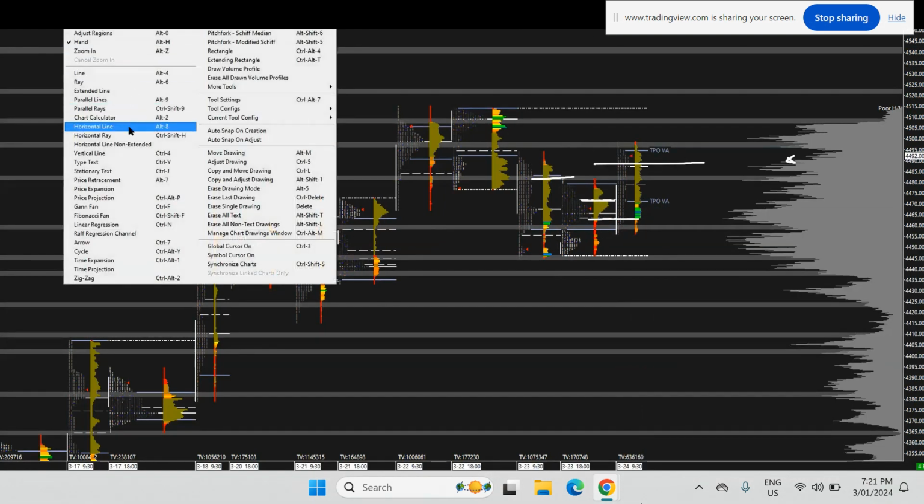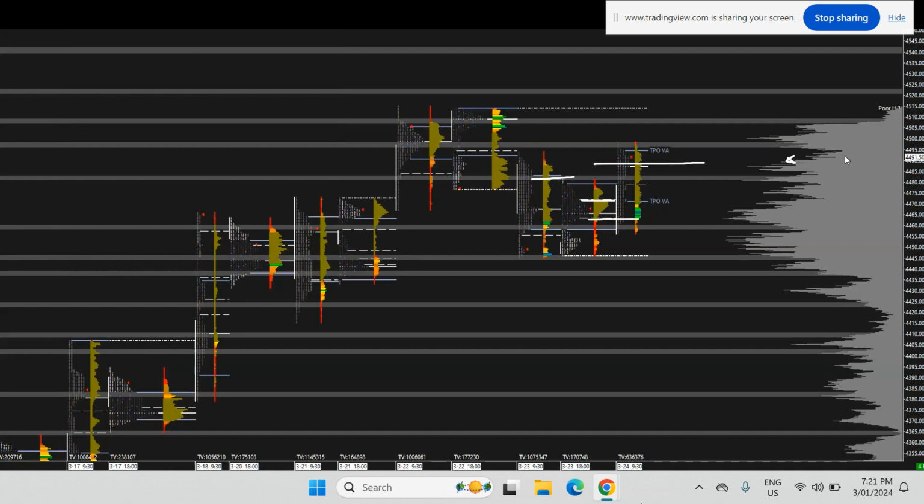Where is it? What I'm looking at right now. Extending rectangle. That's not the one that I wanted to draw.